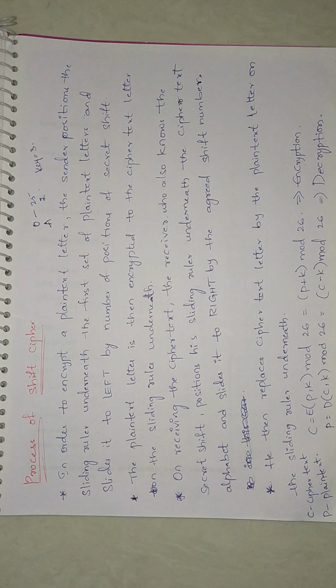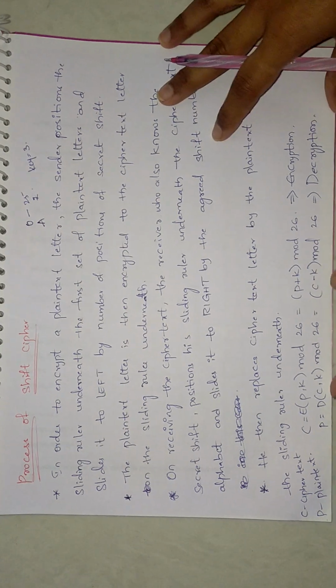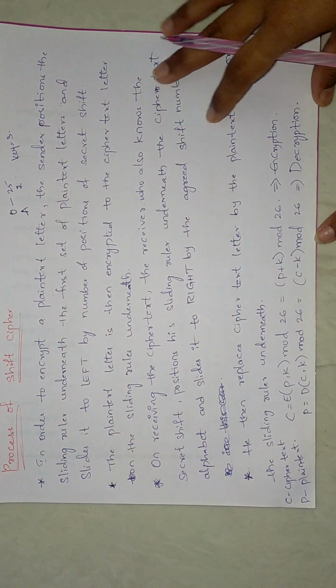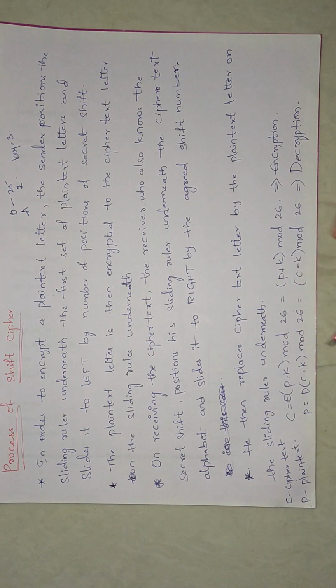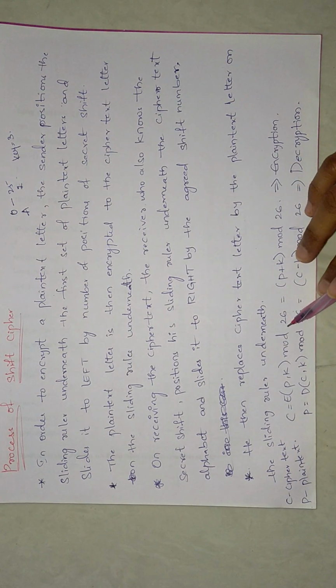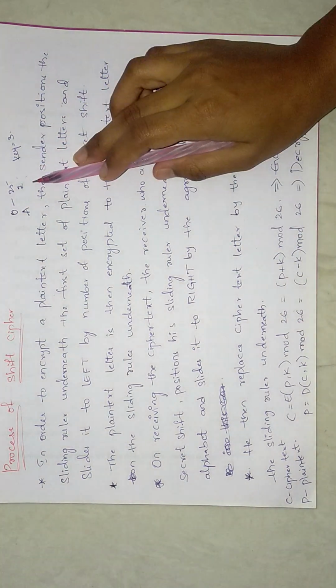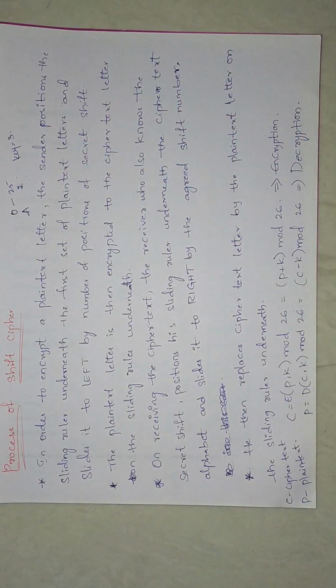Basically they have used the ruler, and now let's see the formula of the Caesar cipher. C is equal to E of P comma K mod 26. This is the formula. Why have we taken mod 26? Because the total number of letters is 26. While naming them, it is from 0 to 25, but the count is 26.